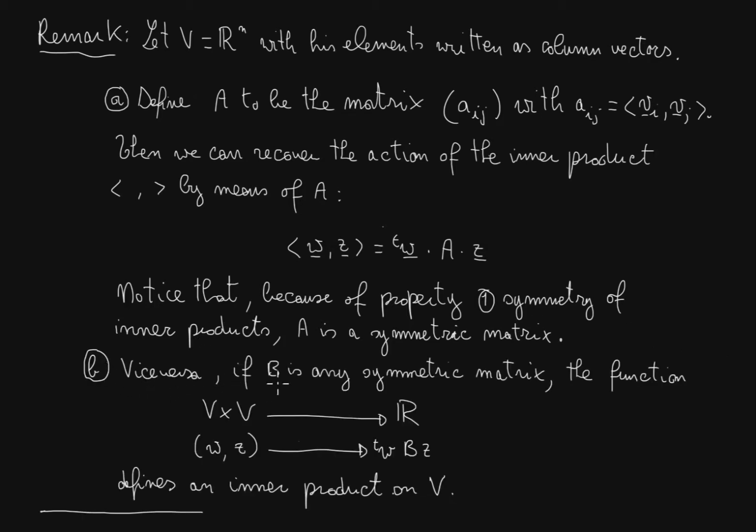Vice versa, if B is any symmetric matrix, the function that associates to the pair of vectors w and z in V the number that we have written here defines an inner product on V. Okay, so for R^n, we have a correspondence between symmetric matrices and inner products on R^n.